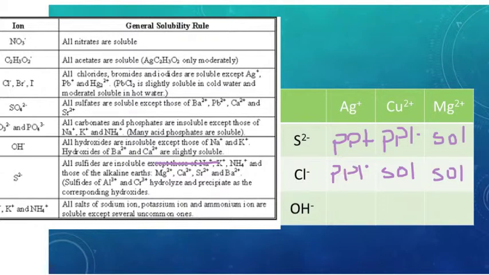Finally, we need to look at the hydroxide, which is right here. All hydroxides are insoluble except for those of sodium and potassium. Hydroxides of Ba and Ca are slightly soluble. We don't have any of those exceptions, so all of these are going to precipitate out.